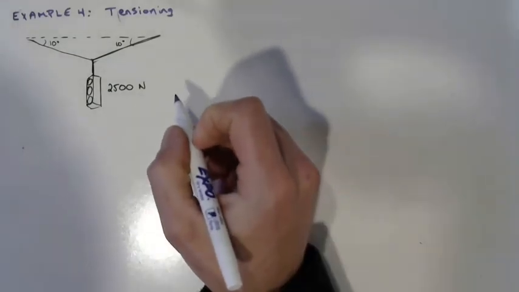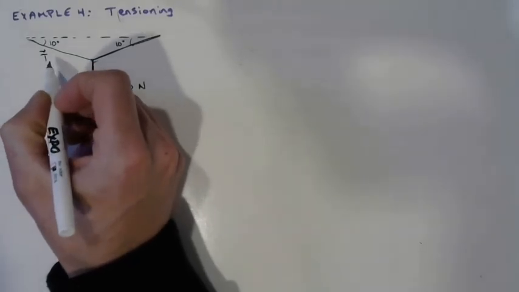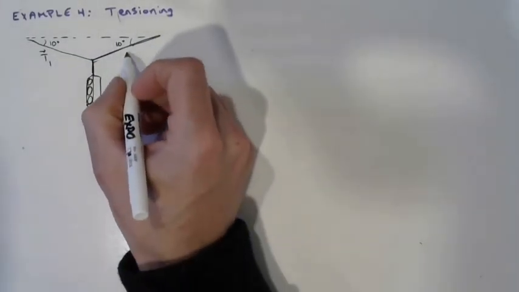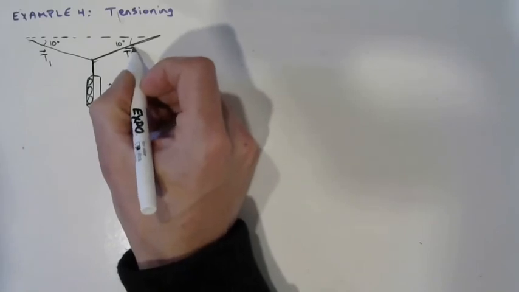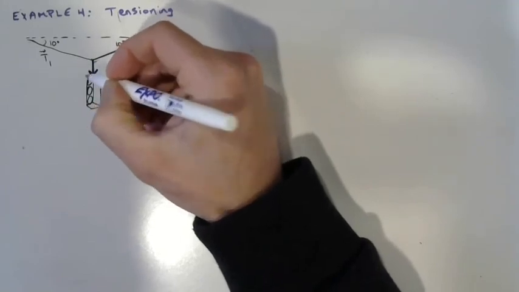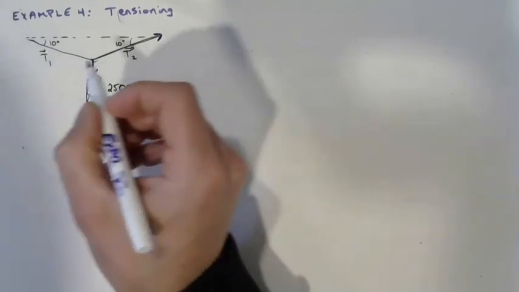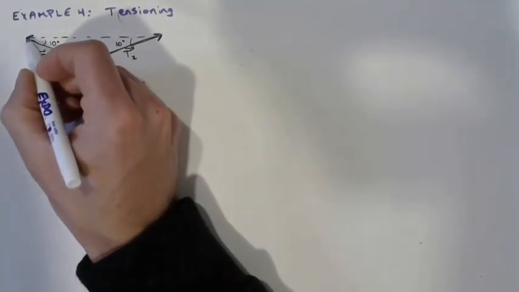And a good way to think about this would be to redraw our diagram as a vector diagram. So we're going to redraw it as a vector diagram, and we're thinking we have a vector here, t1, and a vector here, t2. And if the traffic light is a downward force, then these two vectors must be acting in an upward direction.